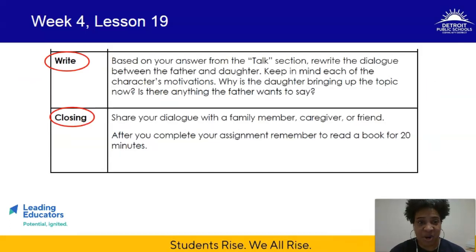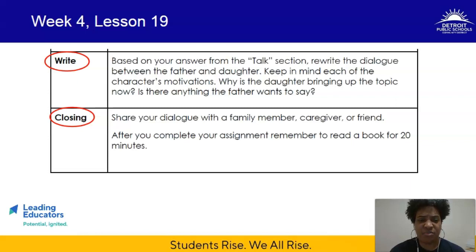The next part is the write part of this particular activity. So based on your response from the talk section, you're going to rewrite the dialogue on that particular page of the story between the father and the daughter, keeping in mind that each of the characters has a certain motivation. So unpacking and uncovering, thinking through what that motivation may be.